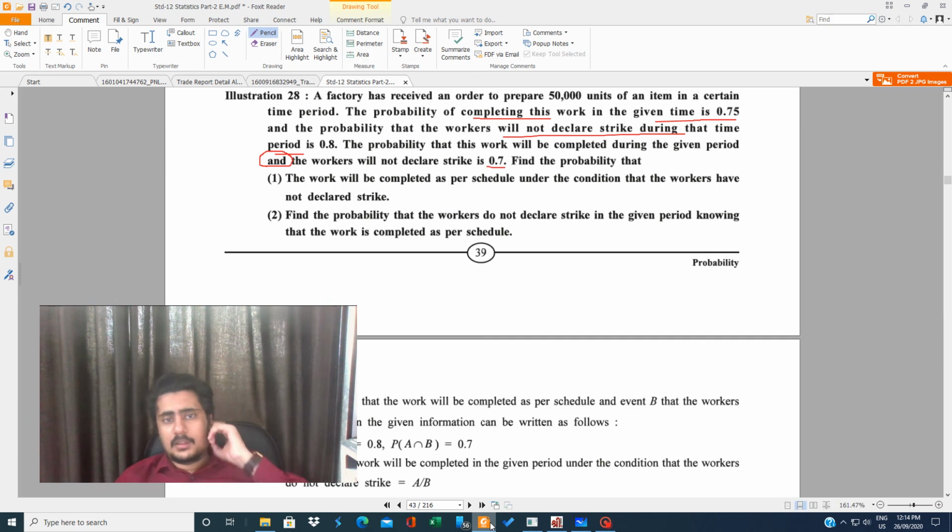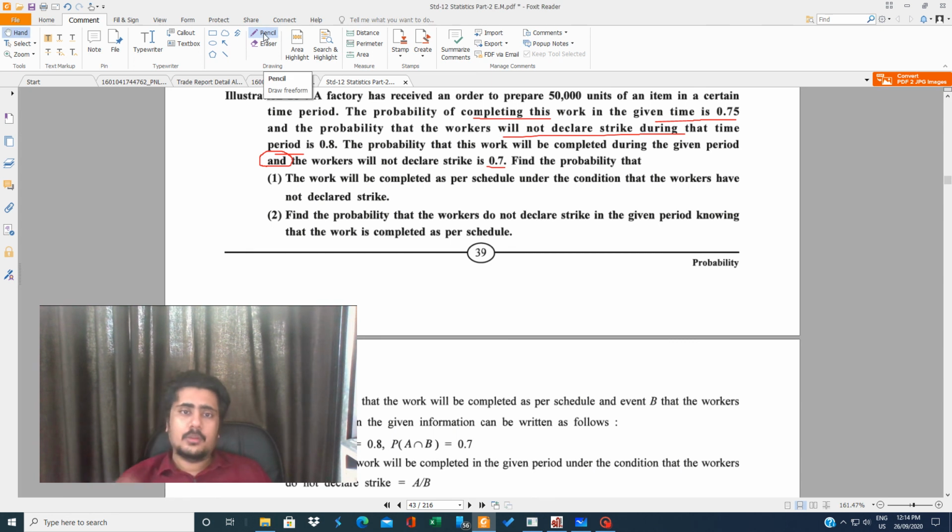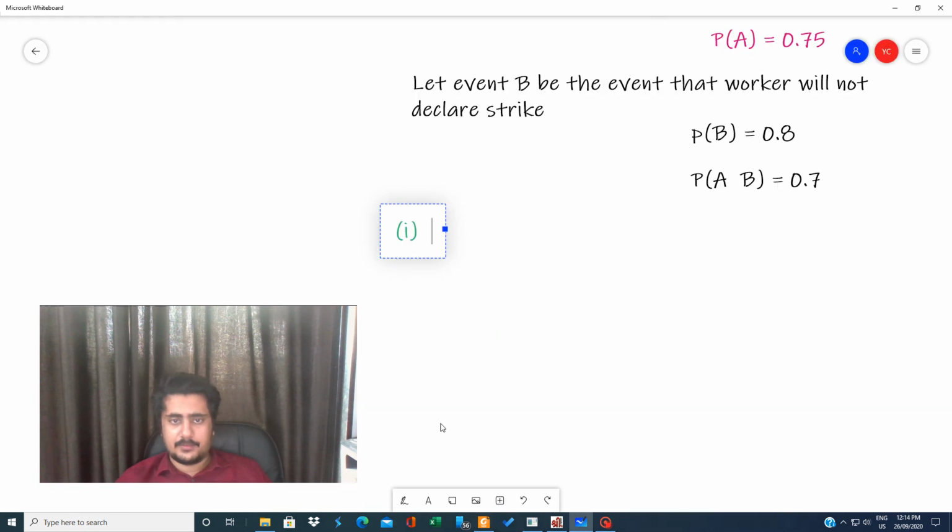The work will be completed as per schedule under the condition that worker have not declared the strike. As I told you, how to find it, is it A upon B or B upon A. Then do one thing. First pick up the word. What is the condition word? Condition that. After this condition that, what is given? Worker have not declared strike. Event B is the worker had not declared strike.